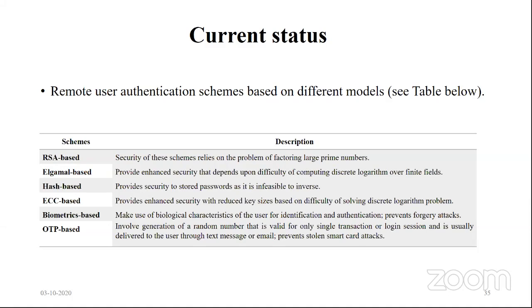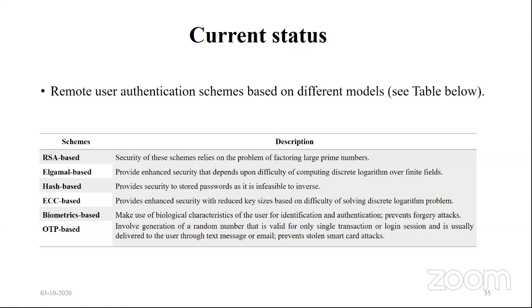So one cannot identify the original password if the hash function is strong enough. Then there can be ECC-based schemes, in which the security relies on reduced key sizes, and it basically implements the discrete logarithmic problem, which is again difficult to solve in polynomial time.